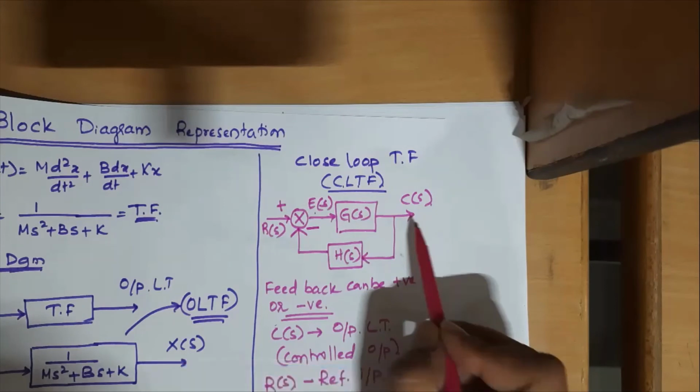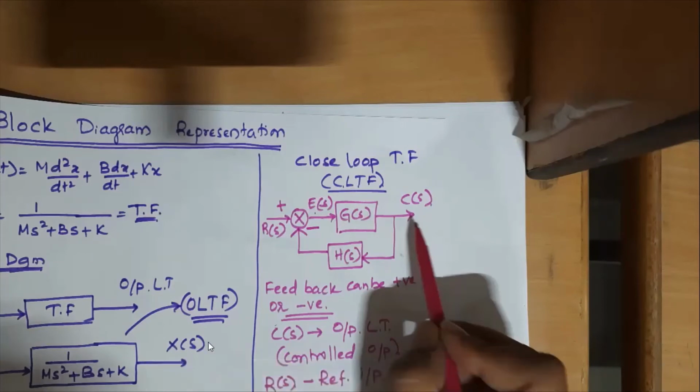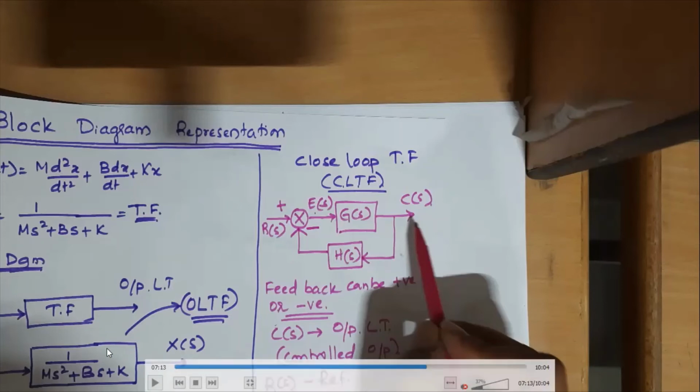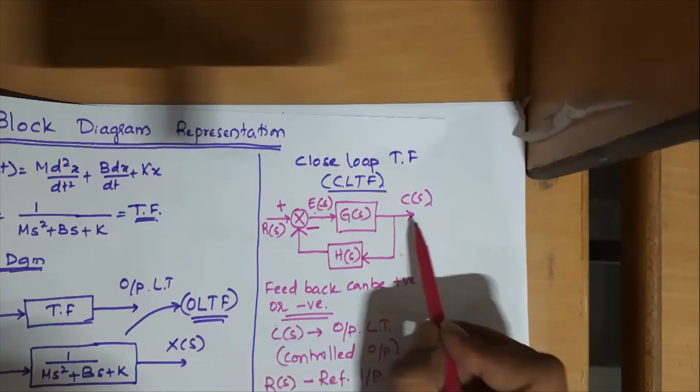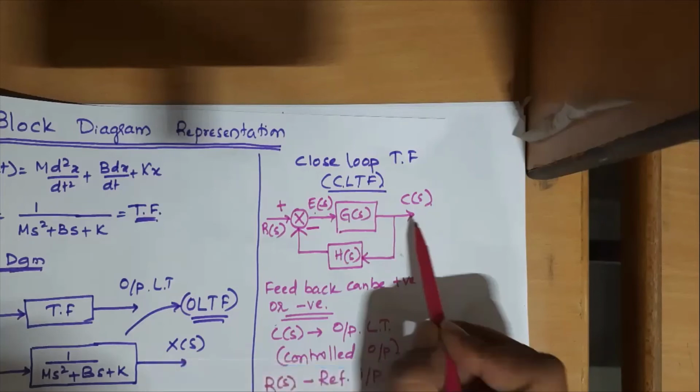We already know from the previous example that X of S equals G of S into F of S. We already wrote that at the output side of any block, we write X of S equal to the transfer function multiplied by its previous signal.